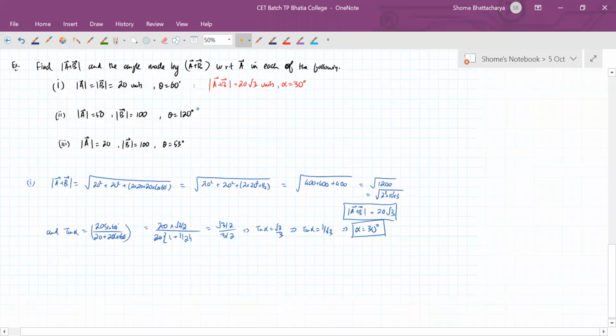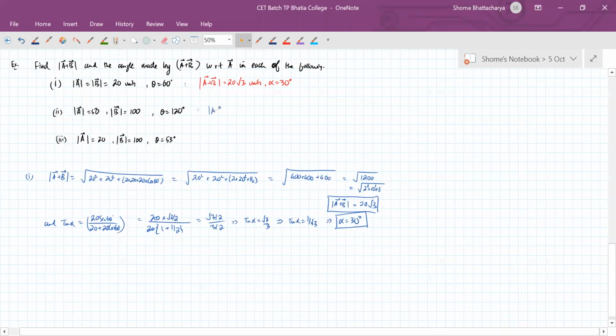Okay, so second part, you should be getting magnitude of a plus b as 50 root 3. Okay, and you should be getting the angle alpha as 90 degrees.